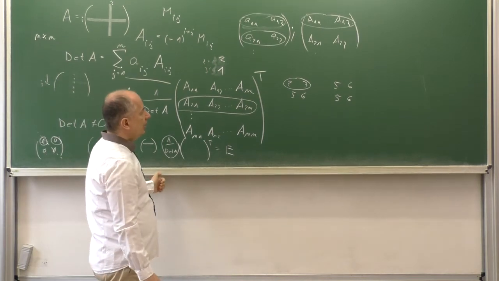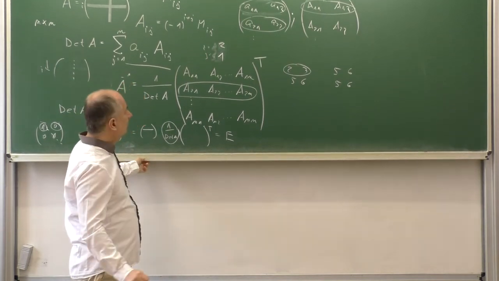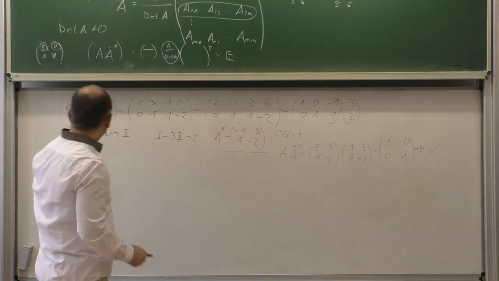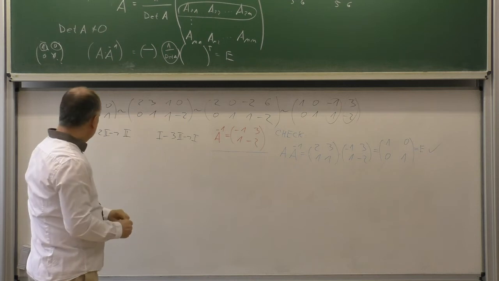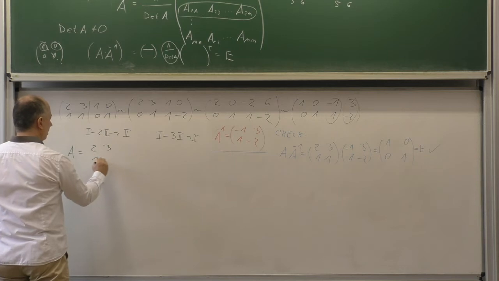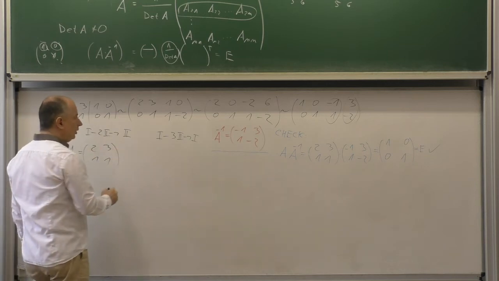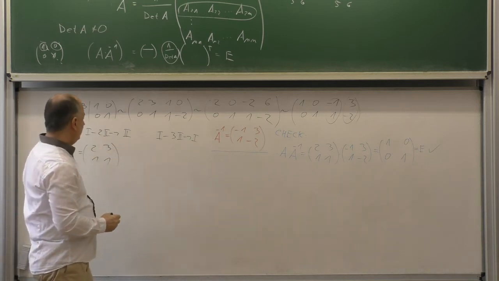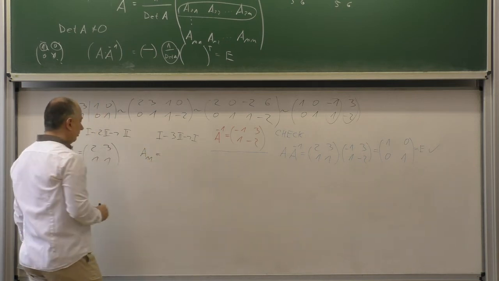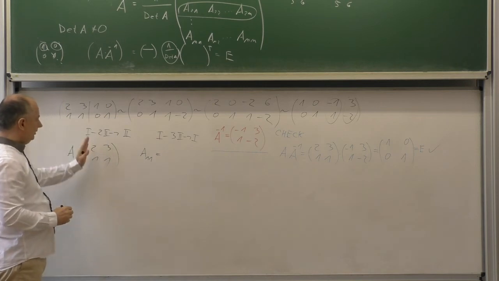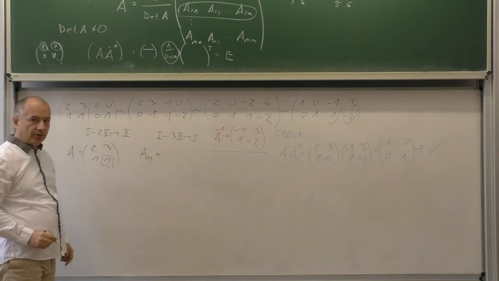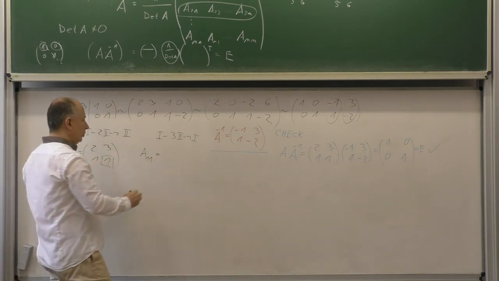Okay, let us illustrate this for our previous matrix. So once again, we have the matrix capital A being 2, 3, 1, 1. Let's compute the 4 cofactors. Capital A11: we cancel the first row and the first column, and we are left with this small matrix, and its determinant is 1.